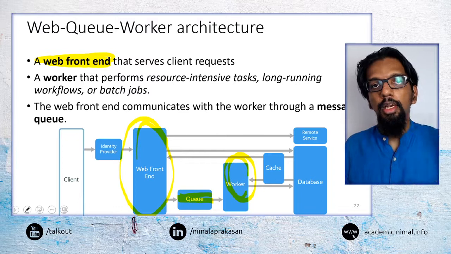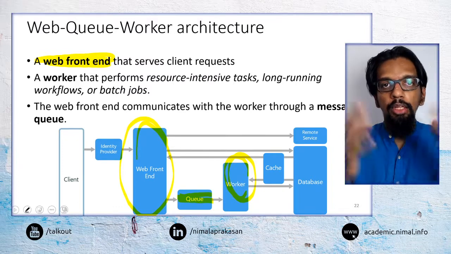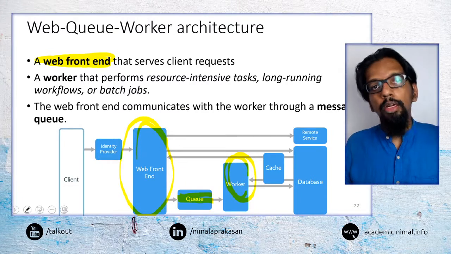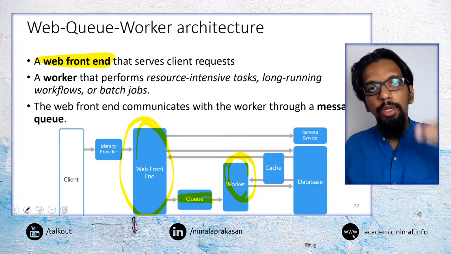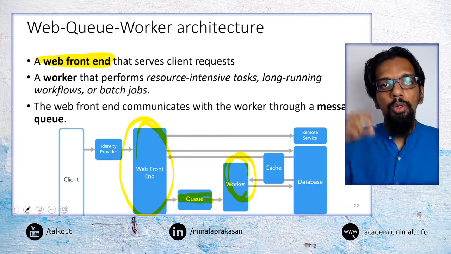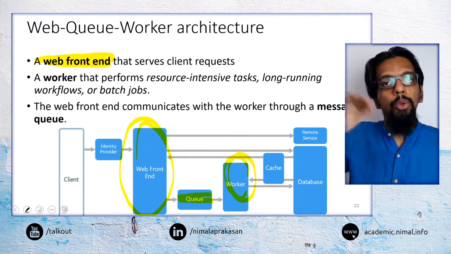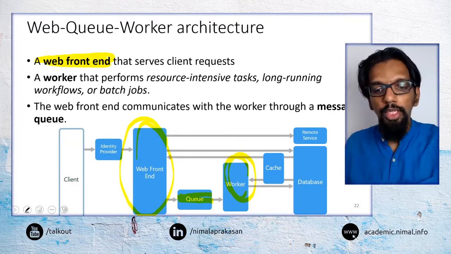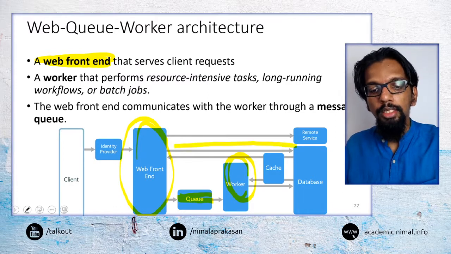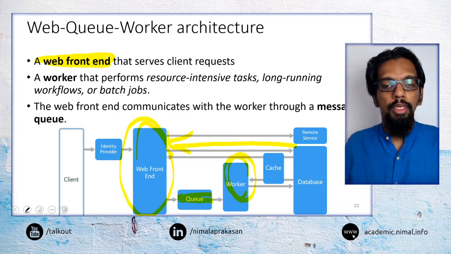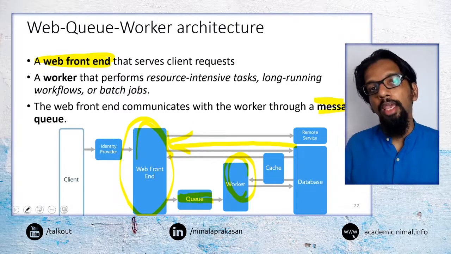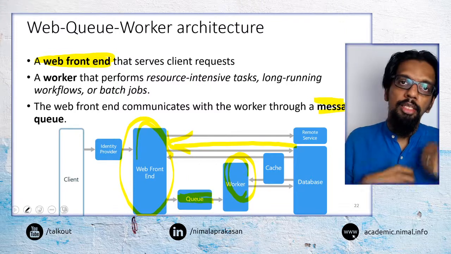For example, if 10 users request the backup data, it will put all 10 backup requests one after the other in the queue, and then the worker layer can produce these backups one after the other, and the users will be updated when these are ready. So there will be what is called message passing between the front and back ends.